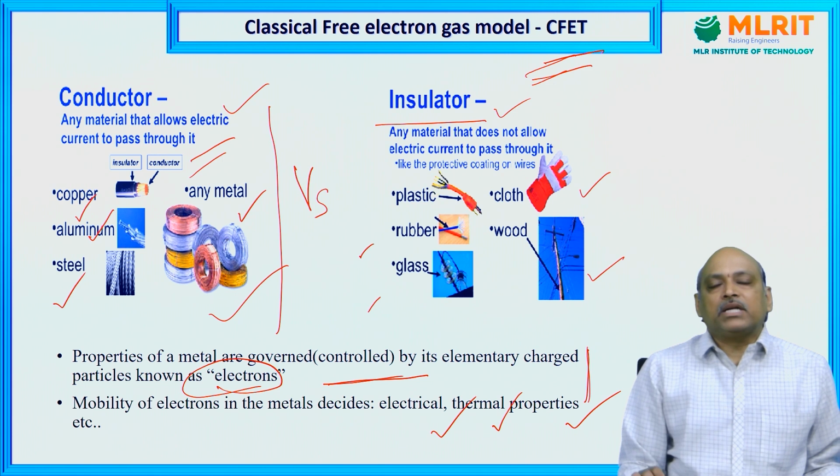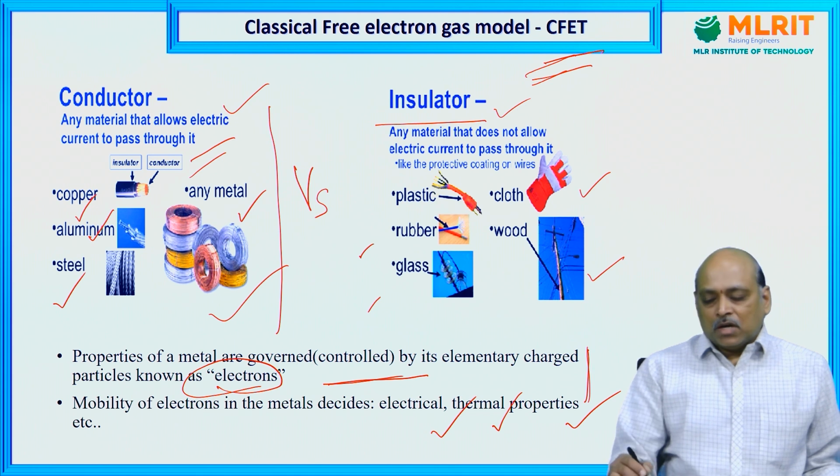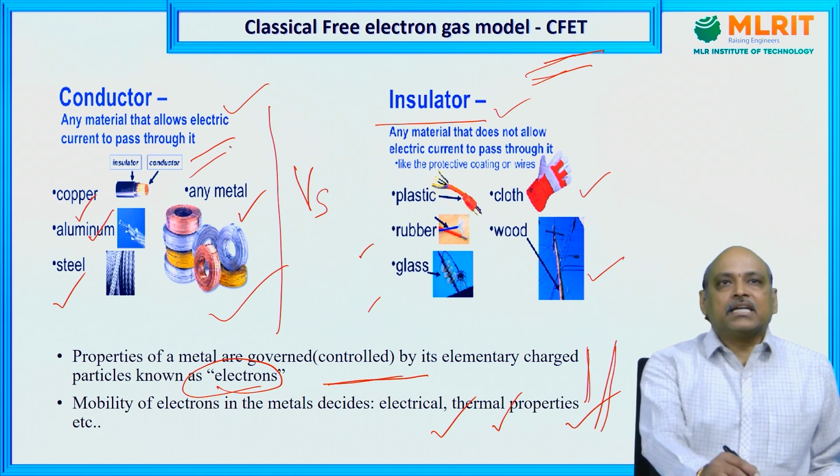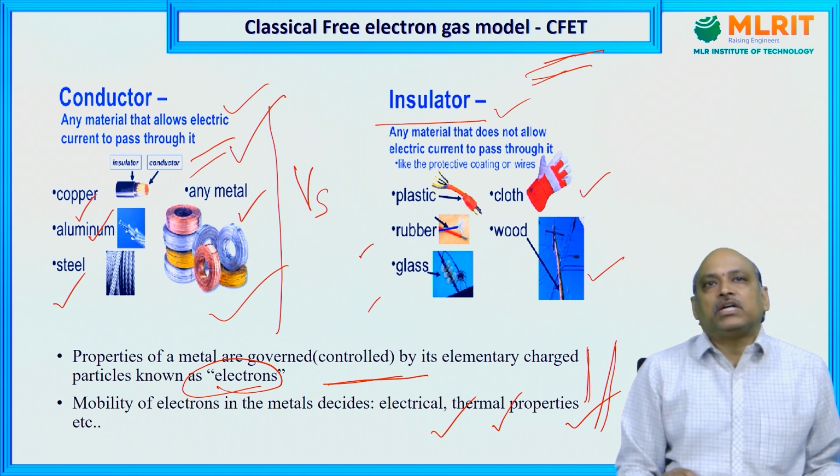So any property of any material is governed by electrons only. Now we are going to see how these electrons contribute in deciding the electrical conductivity of metals.